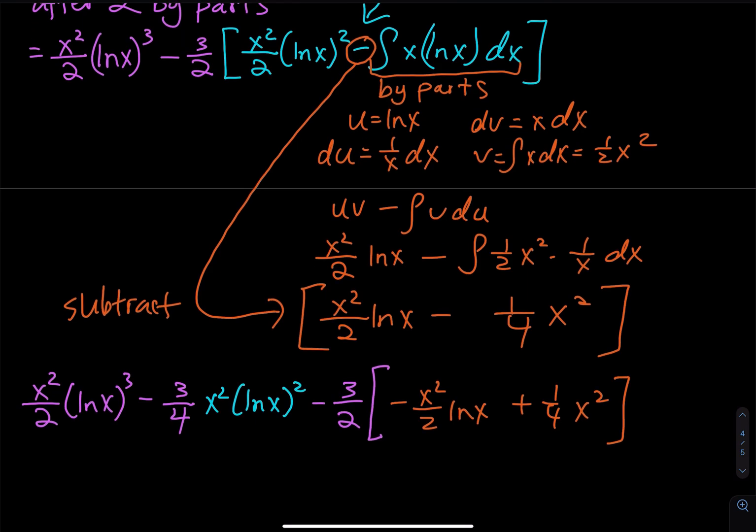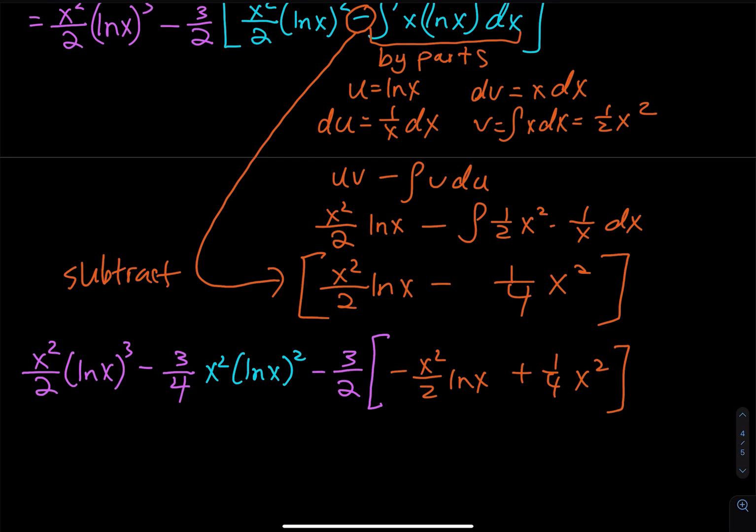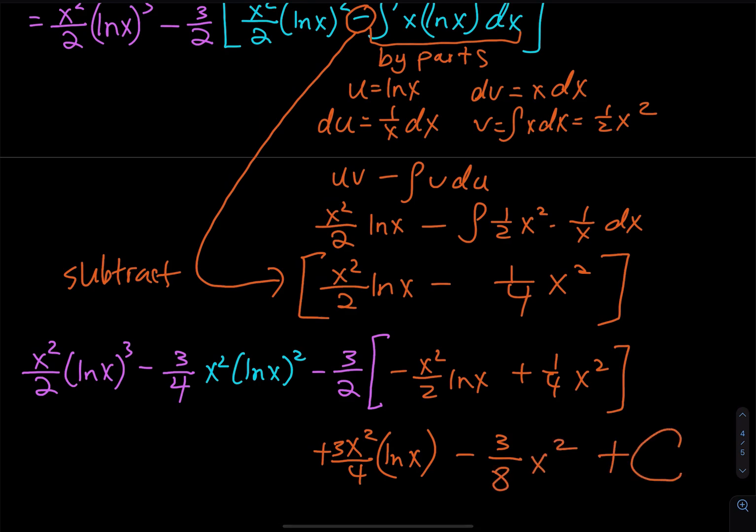Whew. Okay, so what do we have? The last line we have a plus 3 x squared divided by 4 times ln x, am I right? And then a minus 3 over 8 x squared, and then plus C.